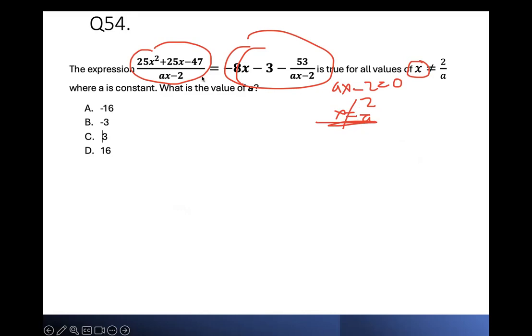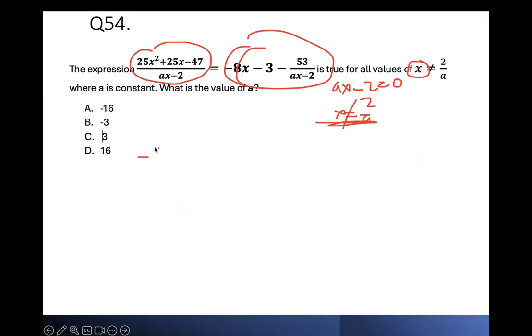In the process, I'm going to make all this look the same, and I can take it out. If it's equal to 0, the equation is not true because this one doesn't satisfy. This will be a normal one there, and this will be 0 and 0. Therefore, in order to take care of it, I'll make this x plus 2 over ax minus 2.